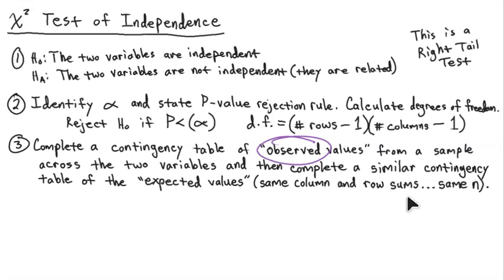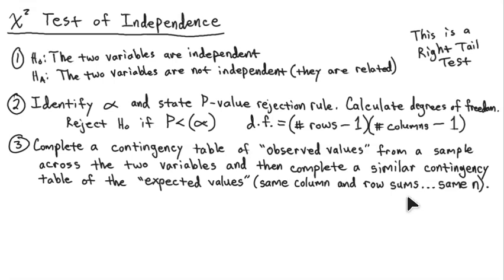Well, it's what the sample, the people or the things that we sampled, it's the actual counts that we observed in our survey. So we're going to make a contingency table and put in the counts of our observed values from the sample across the two variables. And we're going to do an example in just a minute of this.